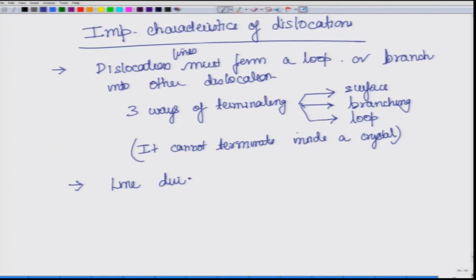So, the line direction may change, but Burgers vector remains constant.